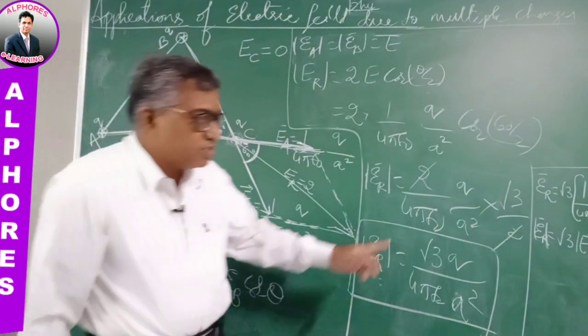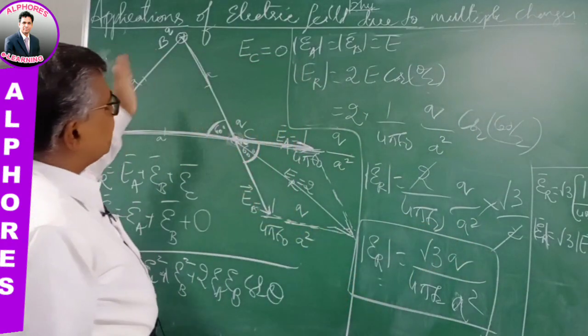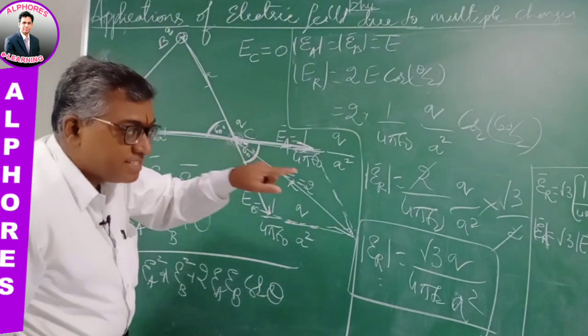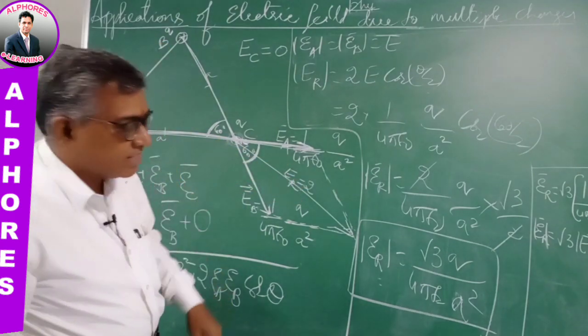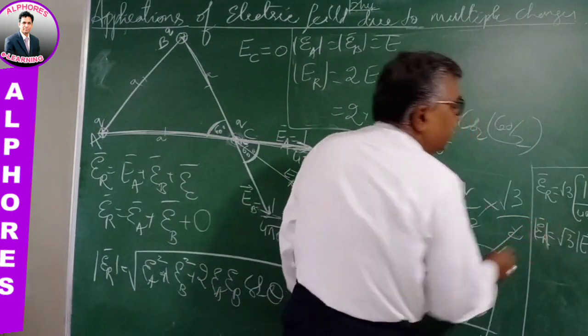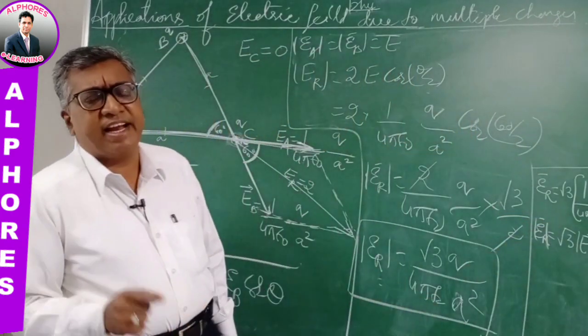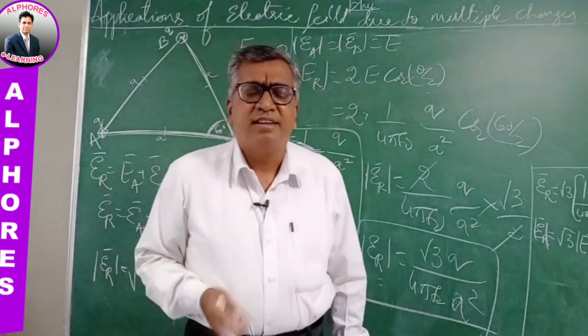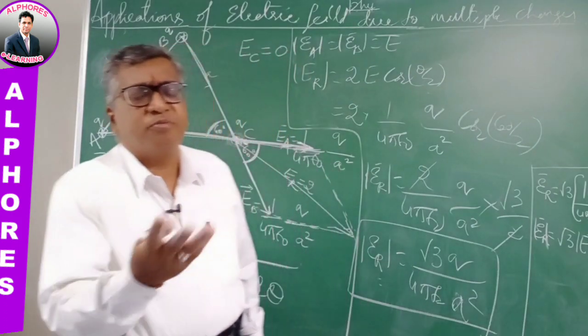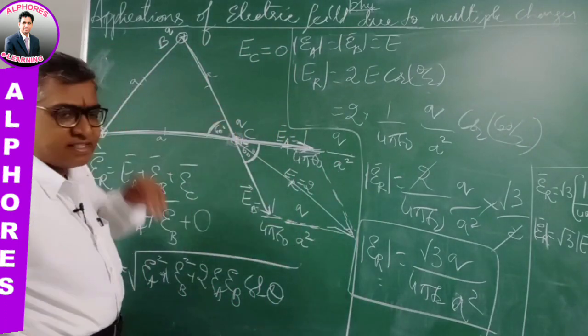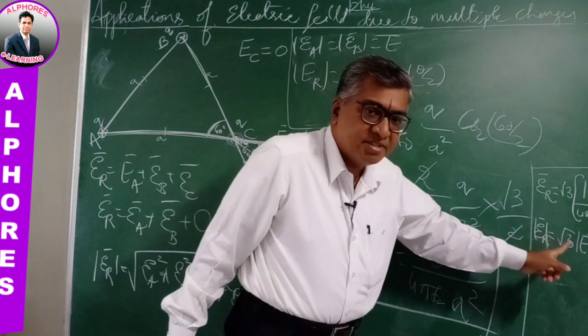So when there are like charges, the resultant field here is root 3 times the field due to each charge. The question can be asked like this also: if each charge produces a field E at any of the vertices, then due to the presence of all three charges, what would be the resultant electric field? The answer is root 3 times E.